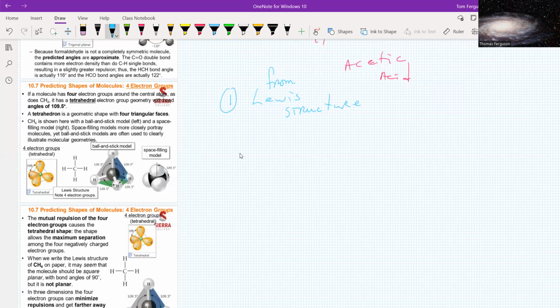From the Lewis structure, determine the number of electron groups.